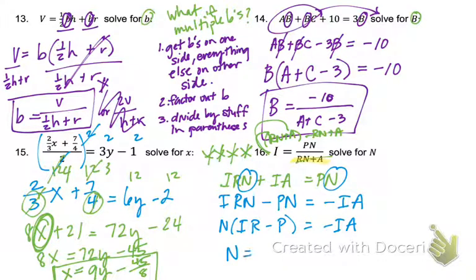Divide by stuff in parentheses. So my final answer is negative IA over IR minus P. If you did it the other way, then you would get positive IA over P minus IR.